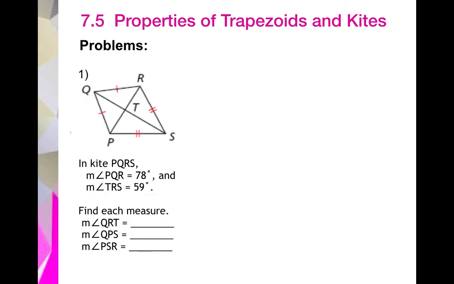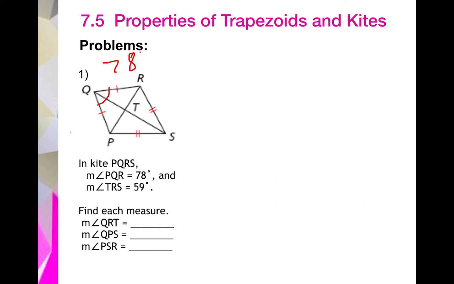So here's a problem working on a kite. And it gives us some angles in here. So we know that PQR is going to be 78 degrees. That's this whole angle is going to be 78 degrees.